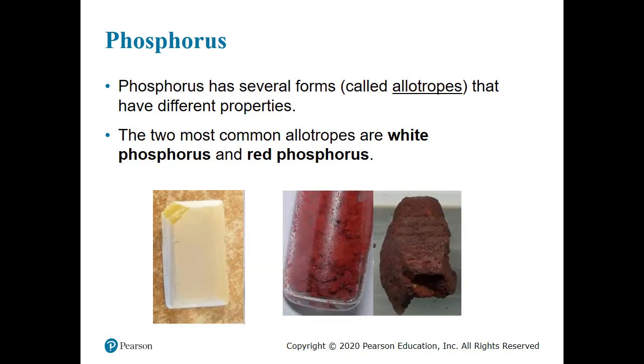And because of its stability, we don't actually use it very often because it's just not as reactive as we need it to be. We need a little bit of instability in a substance to guarantee that it's going to react the way that you want it to, especially in the case of phosphorus, where the whole point of phosphorus on a match head is so that you have something to burn.